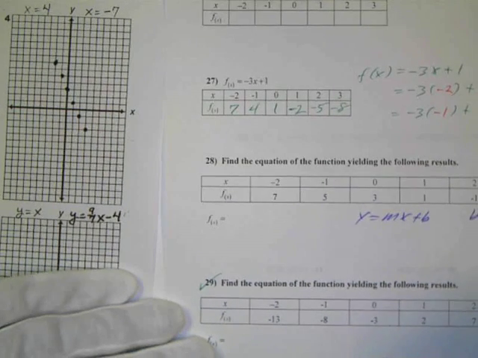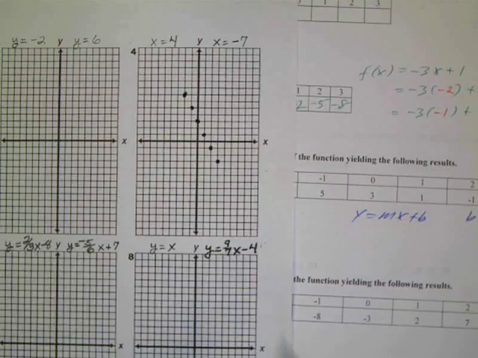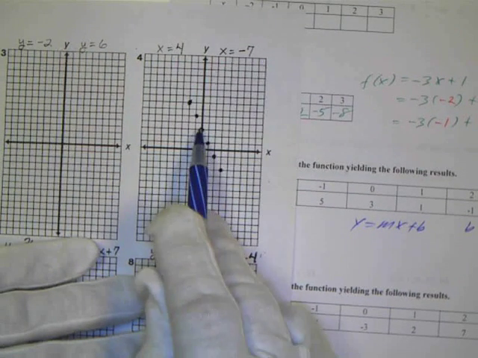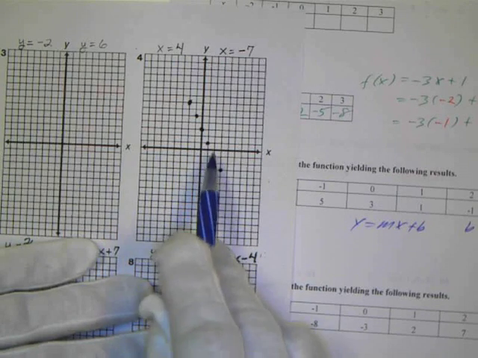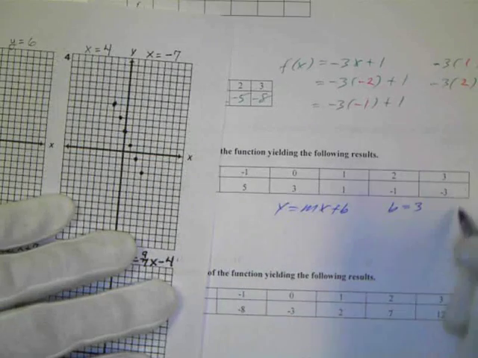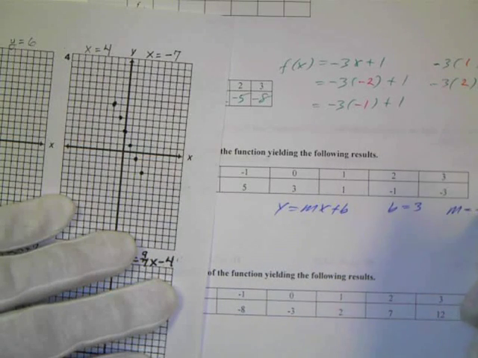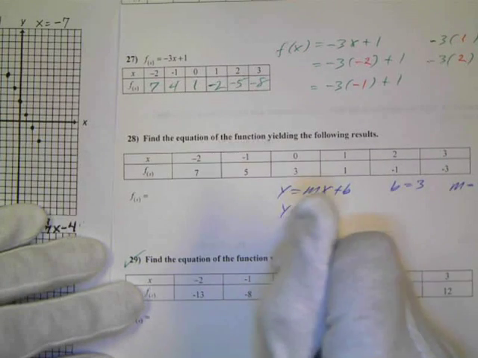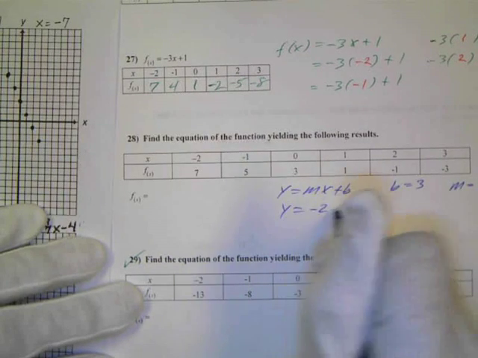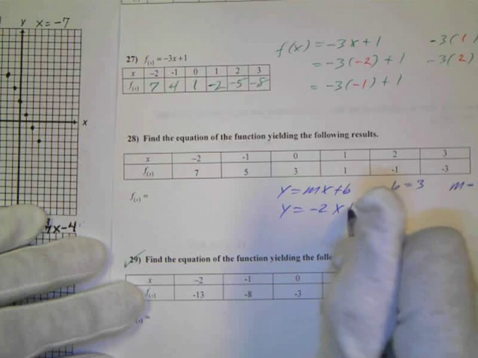And then if we want to find the slope, it looks like we're going rise over run. We're going down 2 over 1, down 2 over 1, or negative 2 over 1. So it looks like m equals negative 2. So we just put that in the form. Y equals negative 2x plus 3.